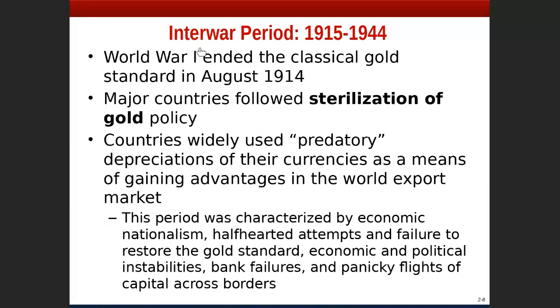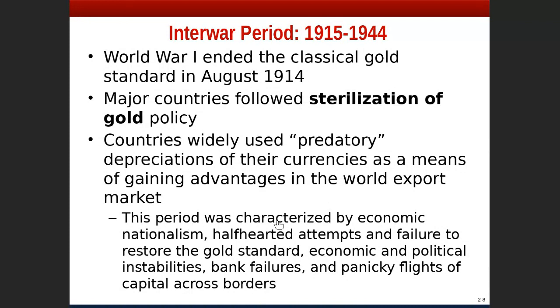Now, what about the interwar period? This regime lasted from 1916 up until 1944. World War I ended the classical gold standard in August 1914. Major countries followed the sterilization of gold policy. Countries widely used predatory depreciations of their currencies as a means of gaining advantages in the world export market.